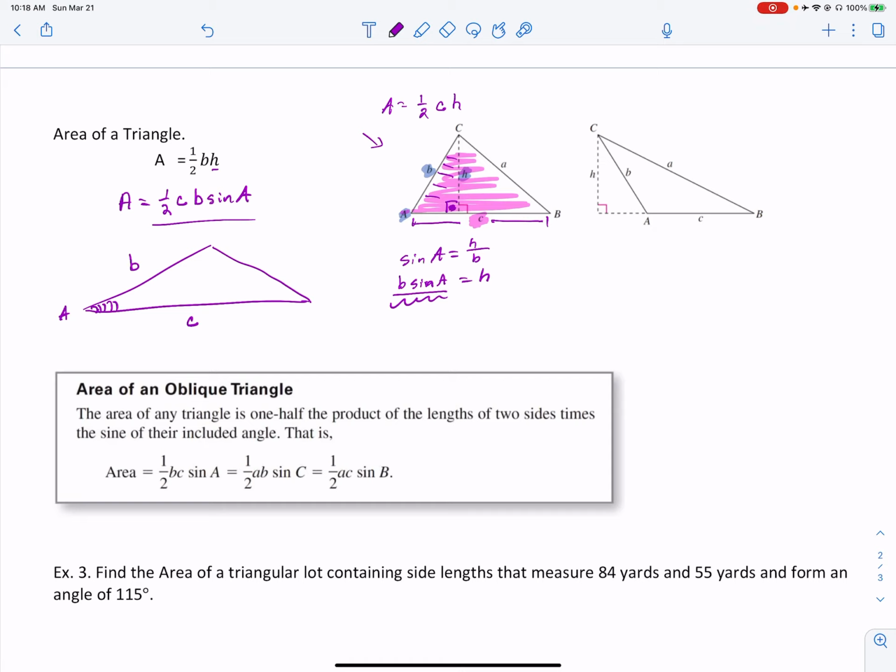As long as I have the two side lengths and the angle created by those sides, where those two sides intersect at that vertex, if you know that angle and the lengths of those two sides, I can find the area of this triangle by taking 1/2 the product of those two sides times the sine of the included angle.